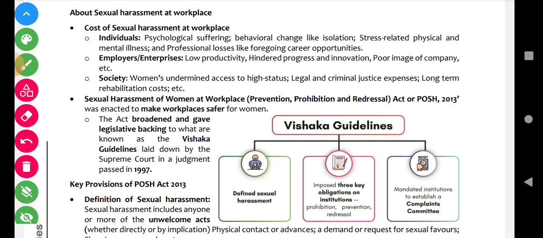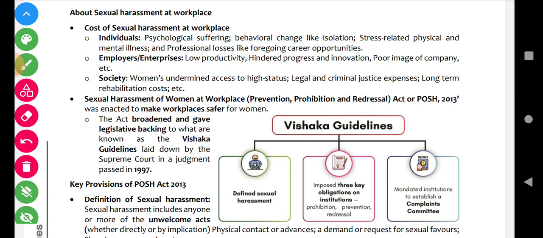So these are the facilities for women at the workplace that will have to be provided by the company. Next is the Sexual Harassment of Women at Workplace (Prevention, Prohibition and Redressal) Act, or POSH Act, 2013, which was enacted to make workplaces safer for women.